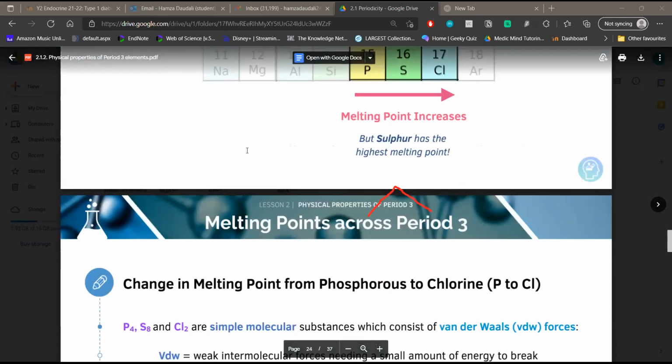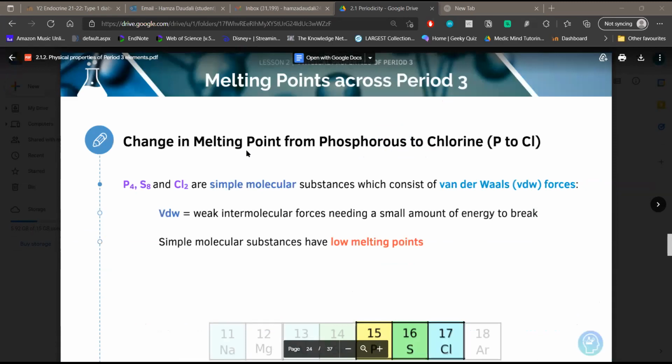They're quite simple molecular structures, but phosphorus is P4, sulfur is S8, and chlorine is Cl2, which means, based on the number of atoms per molecule, 4, 8, and then 2, sulfur is going to have the largest number of electrons.